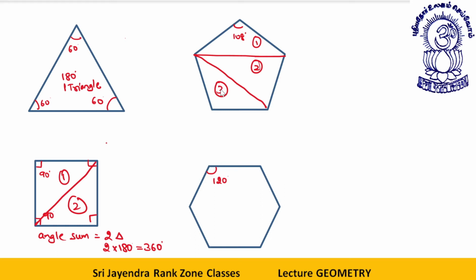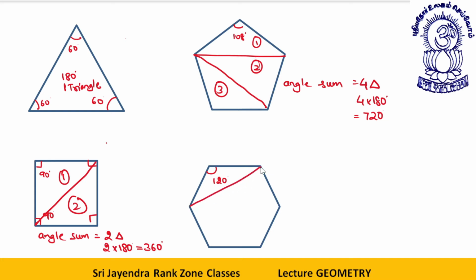Clear to you? So this has three triangles. Therefore the angle sum will be three triangles, 3 into 180 degree.